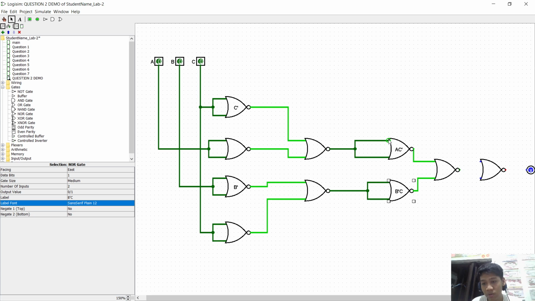The NOR here will be negated and becomes OR. Lastly, this will be labeled as AC prime plus BC prime, since we combine the inputs A, C prime, and B prime C, resulting in this output.